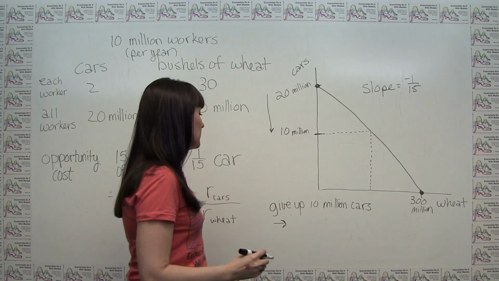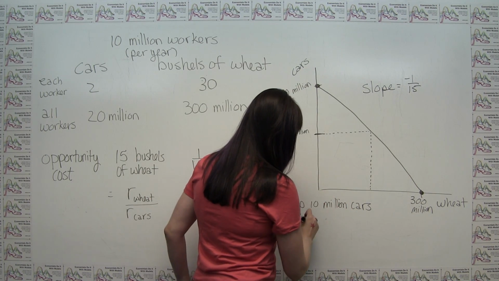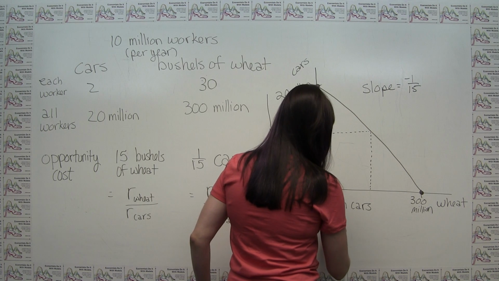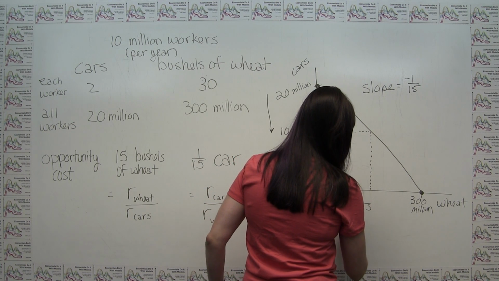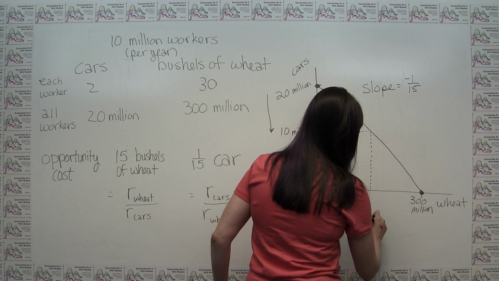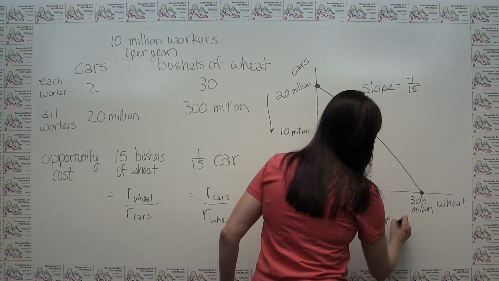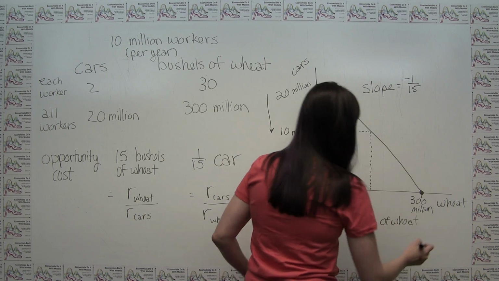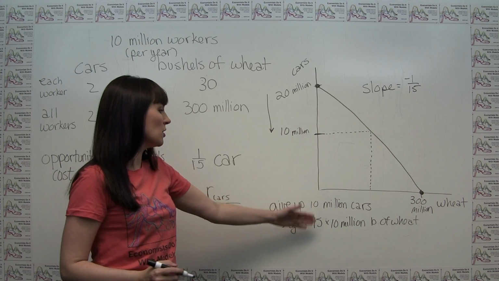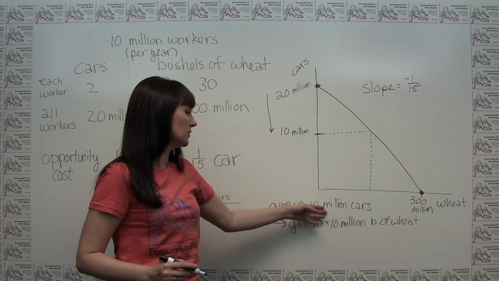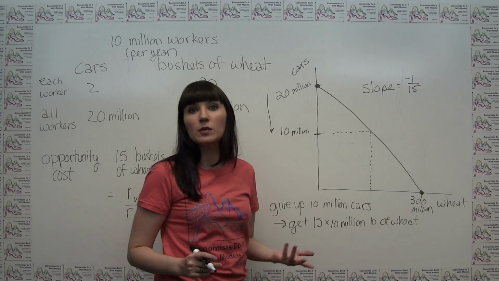Which should mean that we get 15 times 10 million bushels of wheat, right? Because for each car we get 15, so in total if we give up 10 million, we get 15 times 10 million.